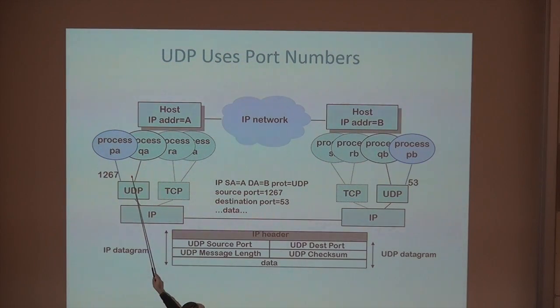I'm showing here also a DNS client, which uses a different port number on its machine. I'm using UDP to send a query to the DNS server: what is the IP address of that name? This one is not using the DNS port number, it is using a local port, which has no particular meaning. This port number is still necessary because you can have many programs running in the machine.